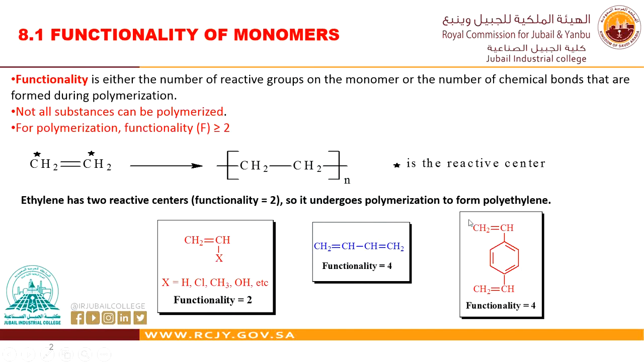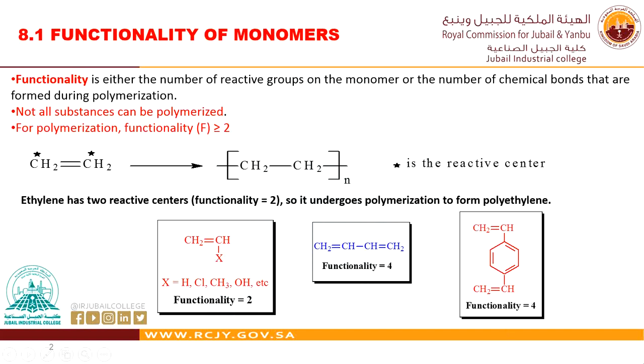So we count this double bond and this double bond. So this one has 2 double bonds, one here and the second one here. So the functionality is equal to 4. Now, as I said earlier, for polymerization, functionality must be greater than or equal to 2. This monomer can form a polymer because its functionality is 4. This one can also form a polymer.